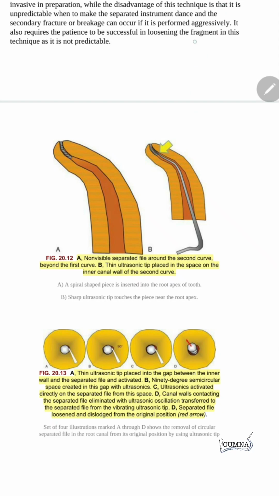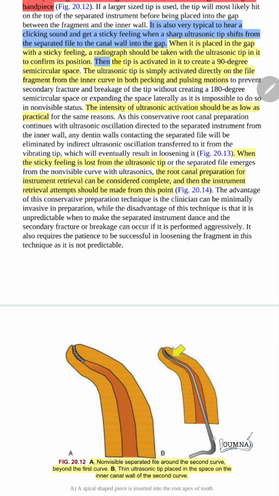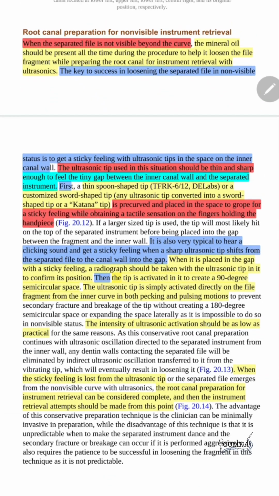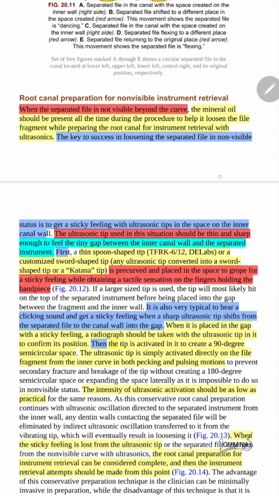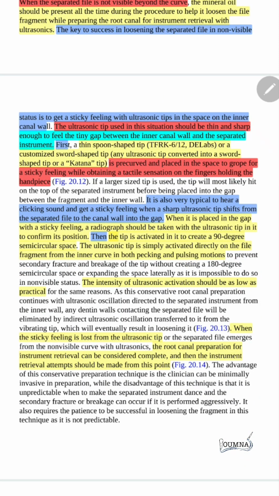What we do is rely on the tactile sensation, by inserting the ultrasonic tip also in the inner wall of the canal until we feel the catch between the file and the instrument. It must be thin and sharp, like the thin spoon-shaped tip or the sword-shaped tip. So we pre-curve the instrument and place it in the space between the gap until we feel the sticky feeling.